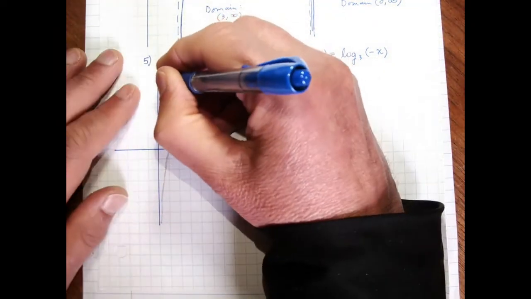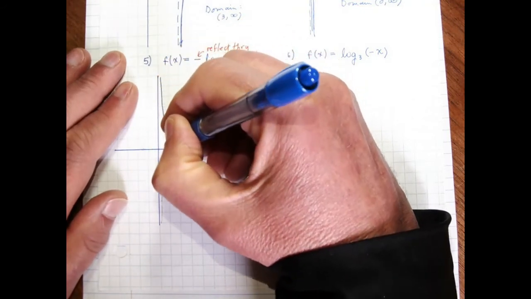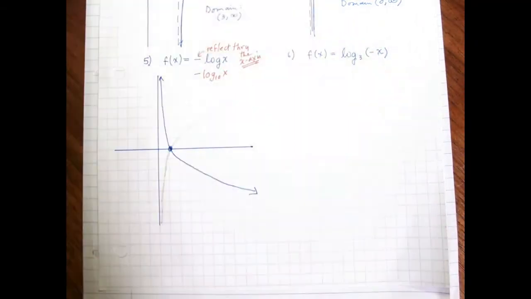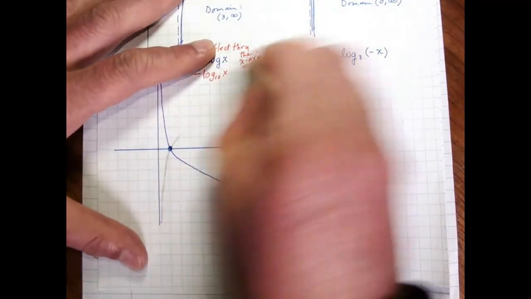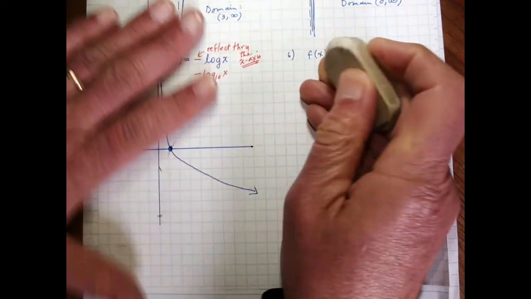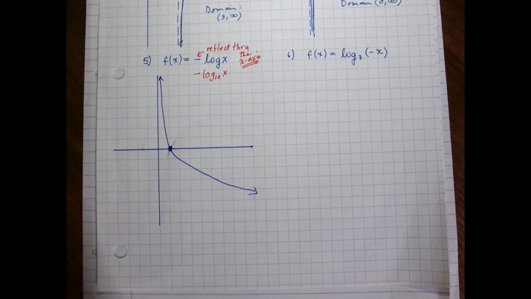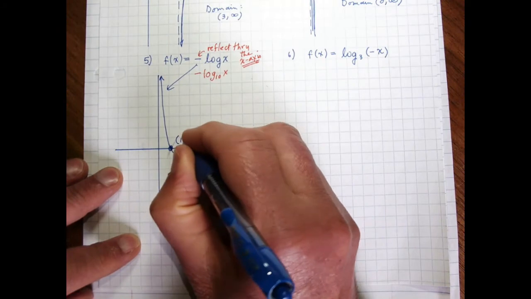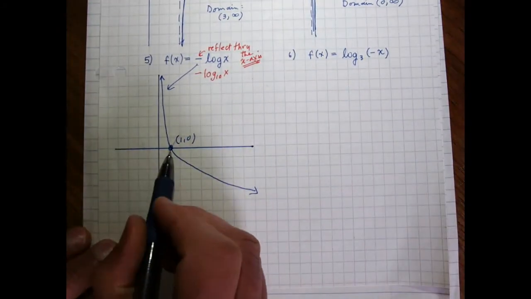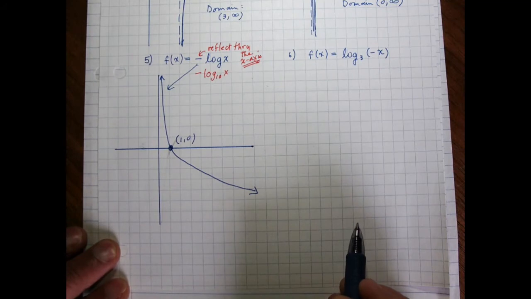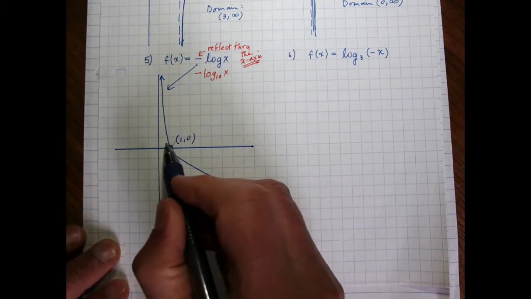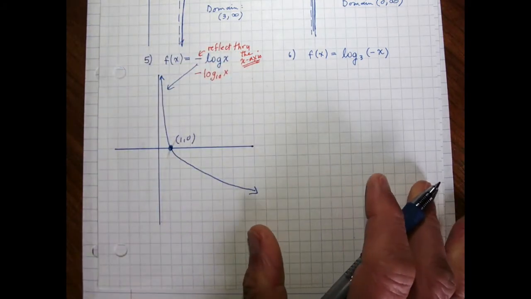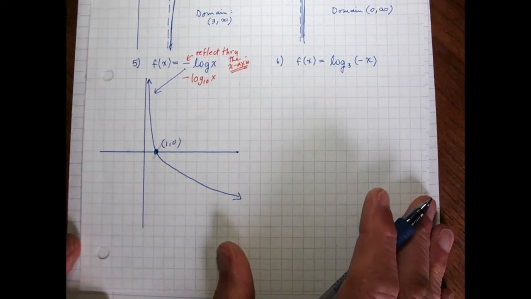The asymptote stays in the same spot, but now we're going to be coming down from above and turning the corner going that way. I'm going to take my pencil mark away a little bit, even though it's okay to leave that as long as it's clear what your final graph is. So we still have the point 1, 0, but this graph goes off to minus infinity as x gets very, very large, and it approaches the vertical asymptote upward as x approaches 0. So that's a reflection through the x-axis.